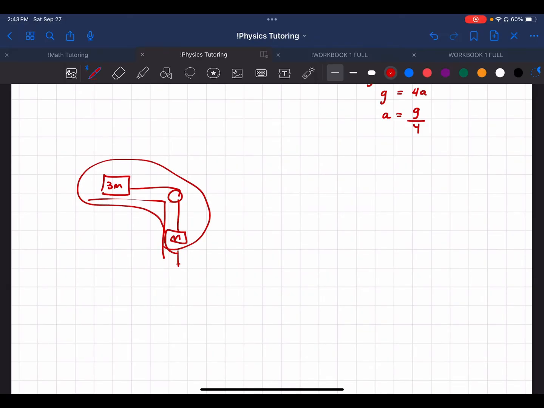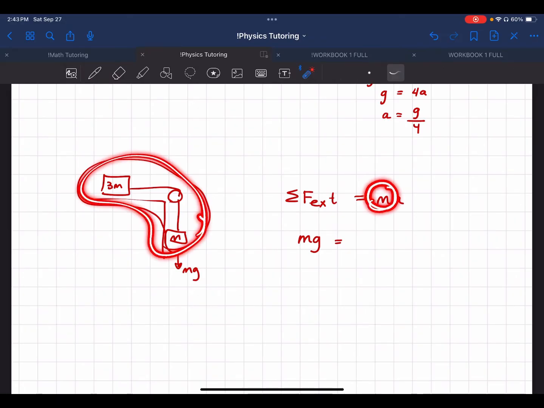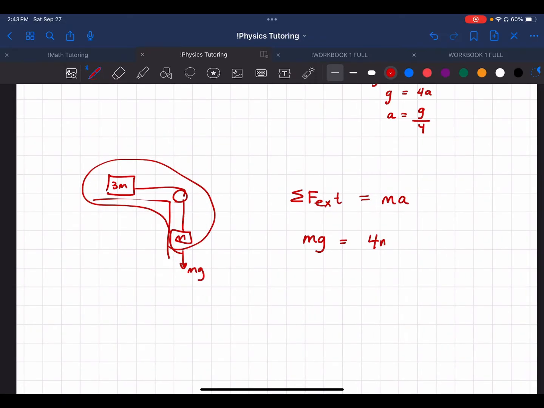This is my system. Again, my external force equals MA. The only external force I have is the mg, right? This mass right here will be the mass of the system, which is 4m times A.